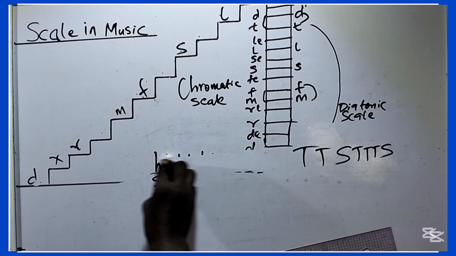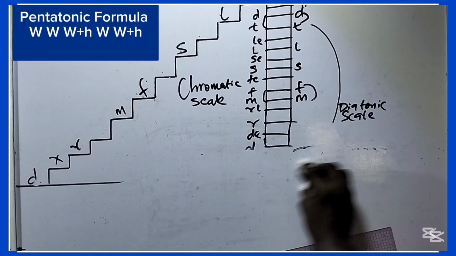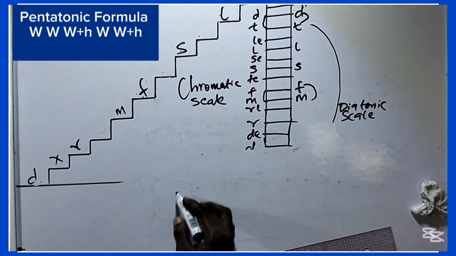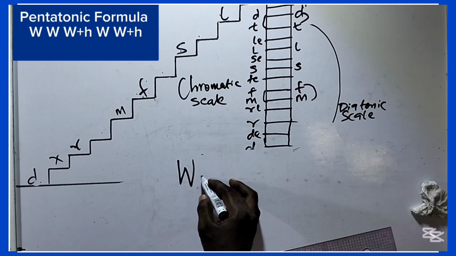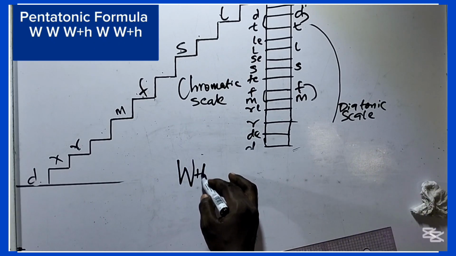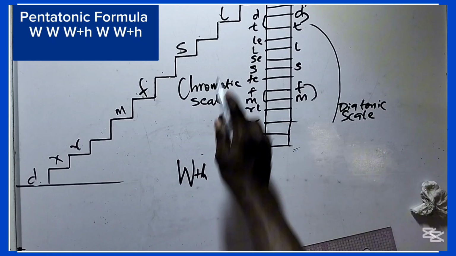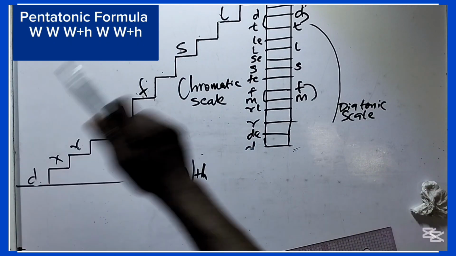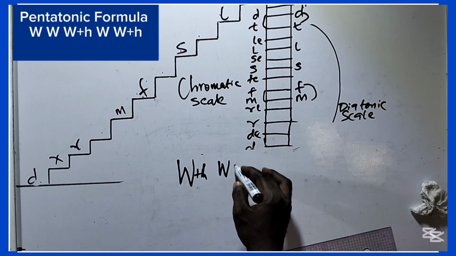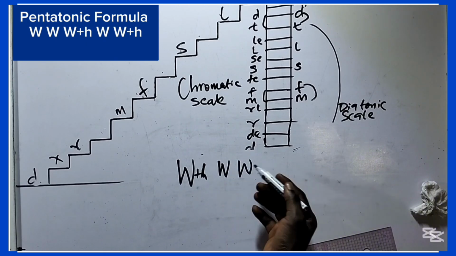But if it is pentatonic scale, if you start from la, you have a whole plus a half, because from la to do you have a whole plus half. After that, you have a whole.